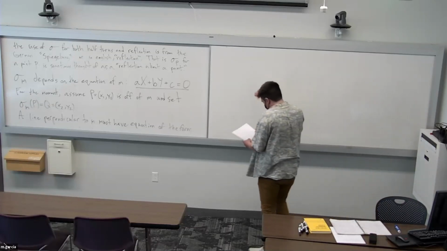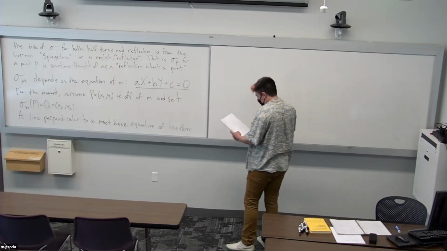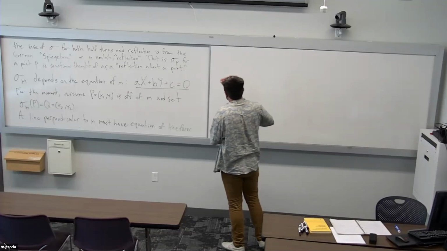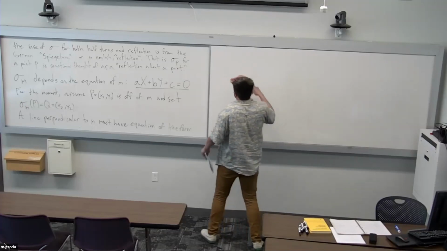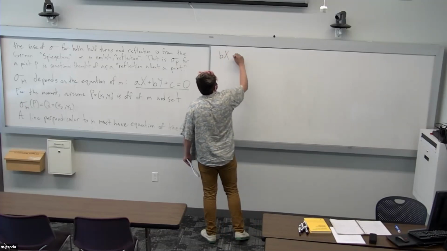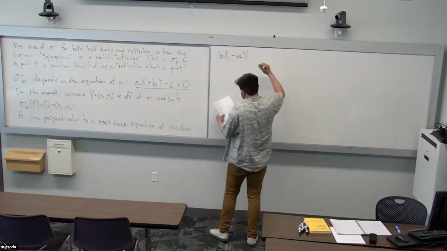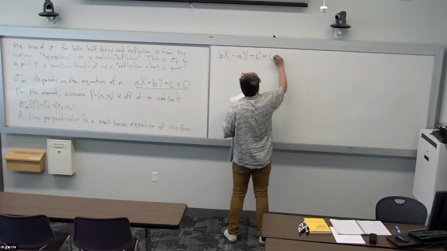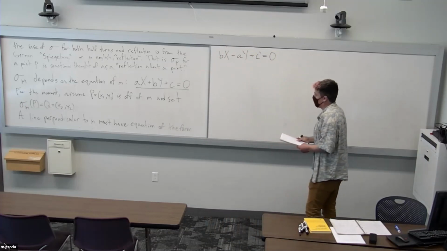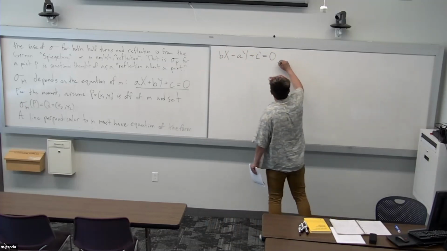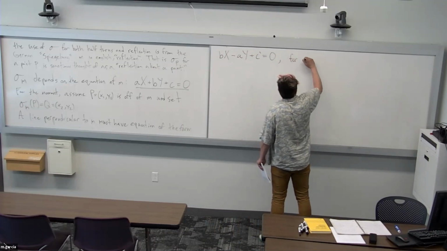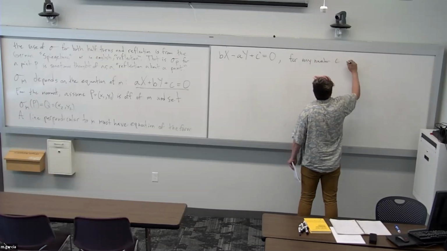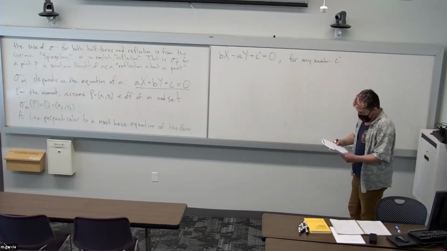Let's have an equation of the form, I made a negative in my notes, so bx minus ay plus c prime is equal to 0, for any number c prime.